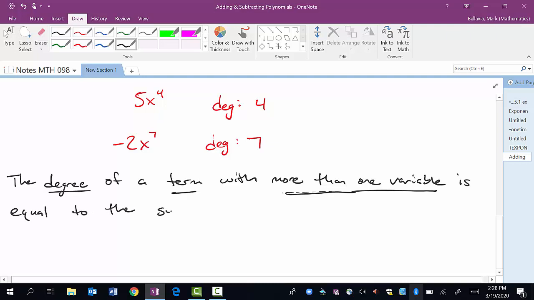It is equal to the sum of the exponents on the variables. Remember when I say sum, I'm saying you want to add them together, in other words.